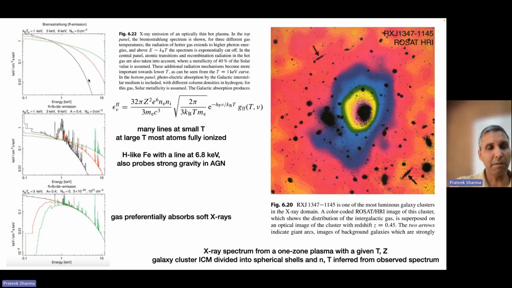Now, the third panel here is again the same temperatures. Actually, no, this is only for 3 keV. So it's this one, the red one on top. And the same emission as here, except that here we have different levels of absorption by the foreground.